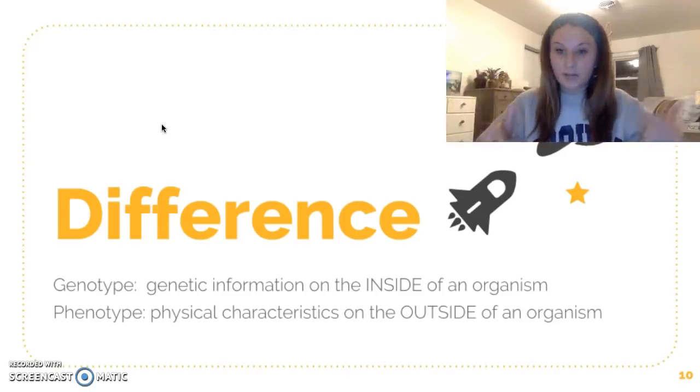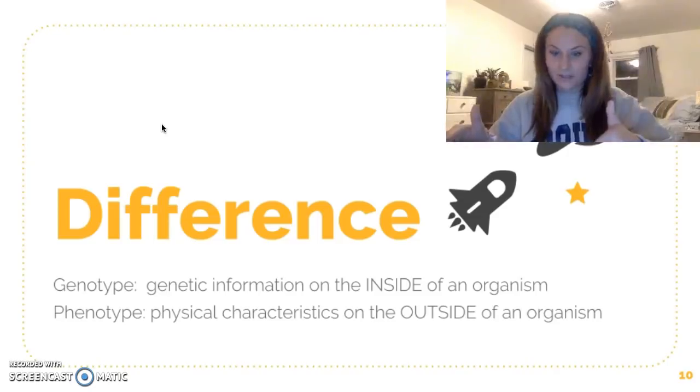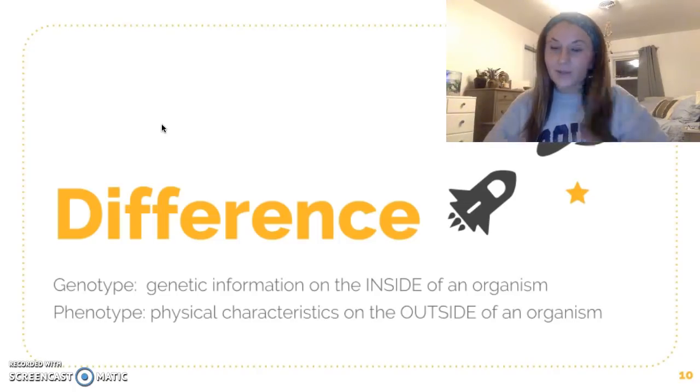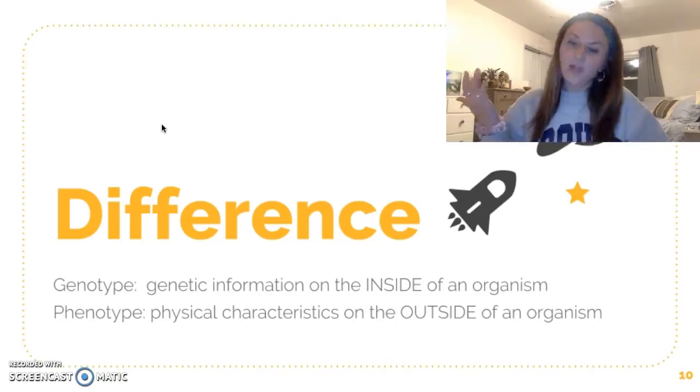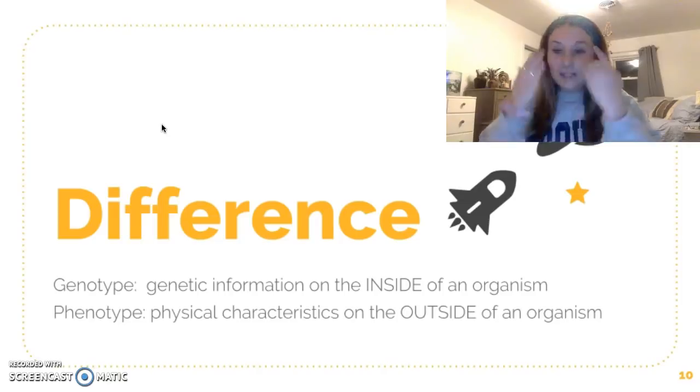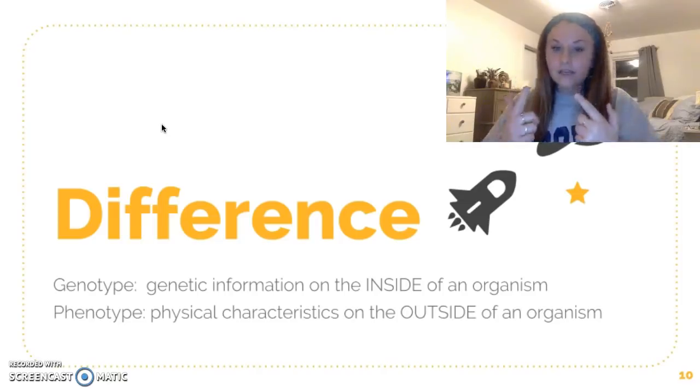So phenotype, physical characteristics. And what I mean by saying it's on the outside of the organism is it's what you can see. You can see hair color, you can see eye color, you can see how tall a person is. You can look to see what shape their fingernails are. If you can physically see something on another human being, or if you're looking in the mirror, that's going to be the phenotype.